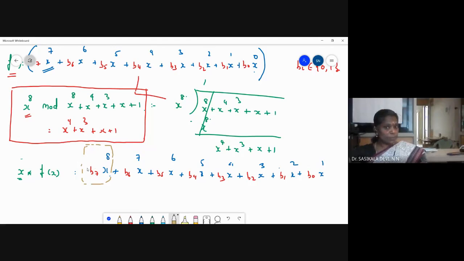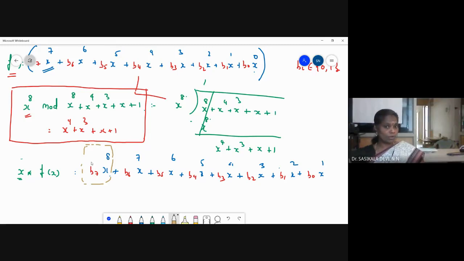But if the b7 bit is 1, then definitely you will have the term for x power 8, and you have to do modular reduction. Okay, so can you understand this point clearly? The most significant bit decides the operation.